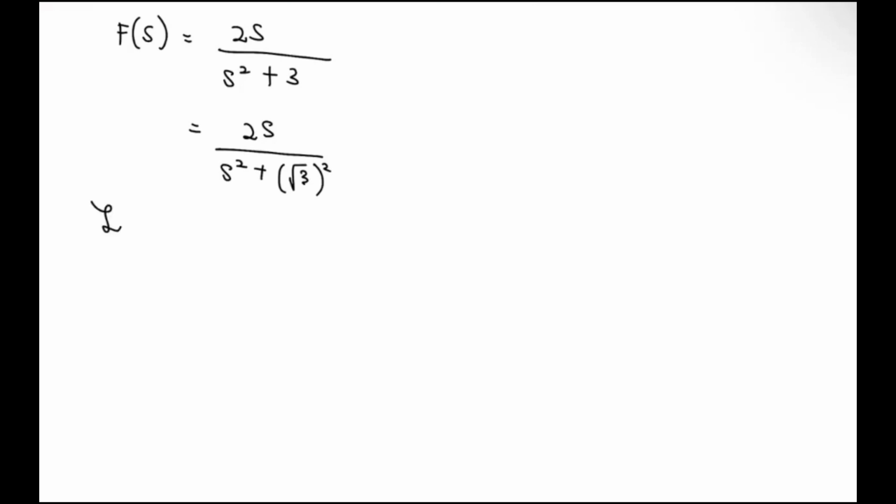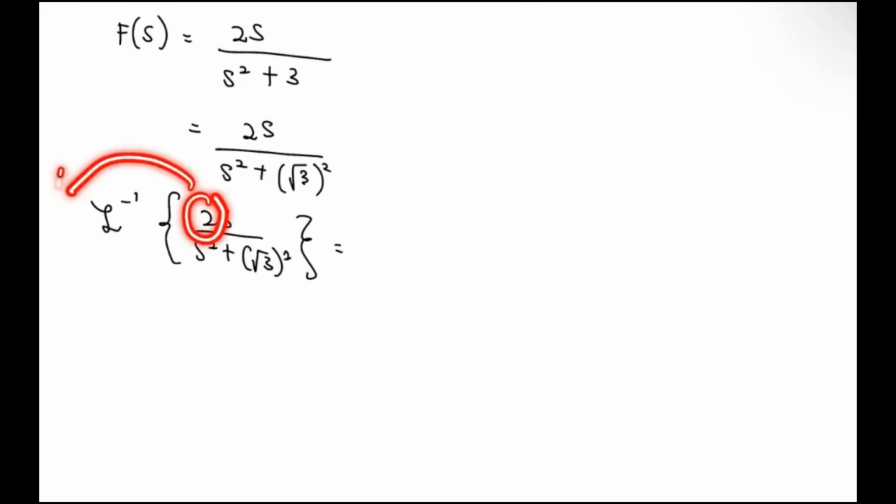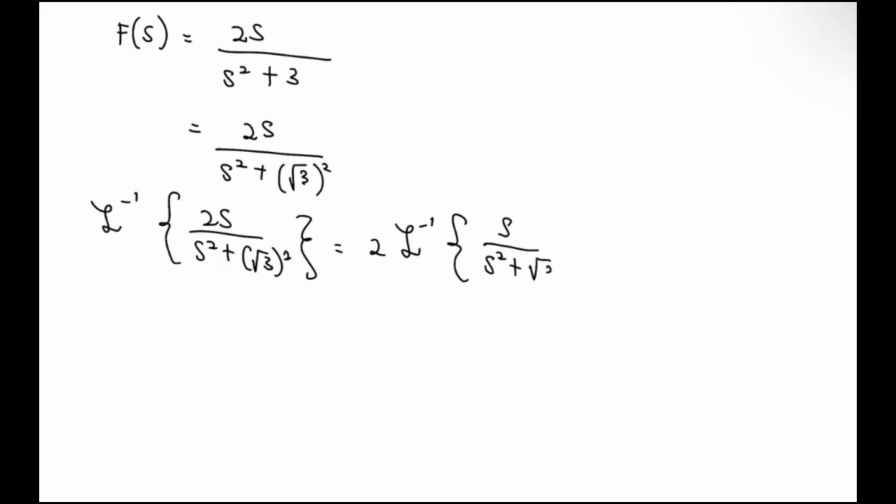So the inverse Laplace of 2s over s squared plus square root of 3 squared. This constant 2, you need to move outside. So you can rewrite as 2 times the inverse Laplace of s over s squared plus root of 3 squared. So we have 2 cos at. Yeah? So a is root of 3, times t. So 2 cos of square root of 3 t.